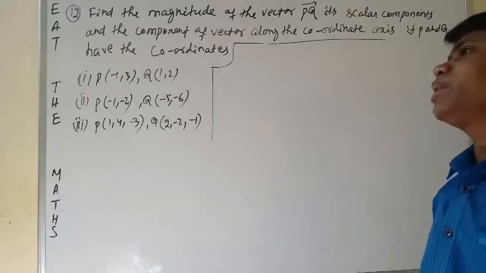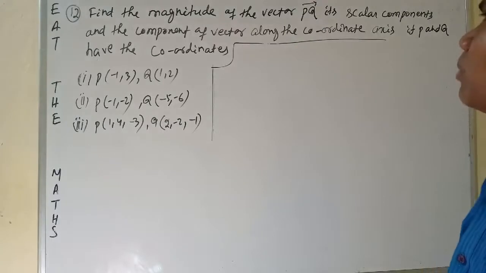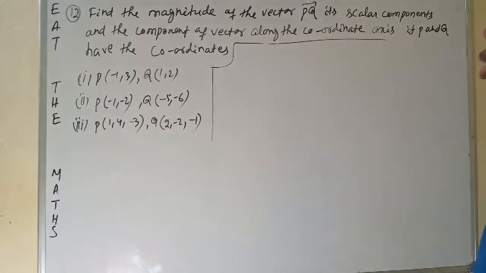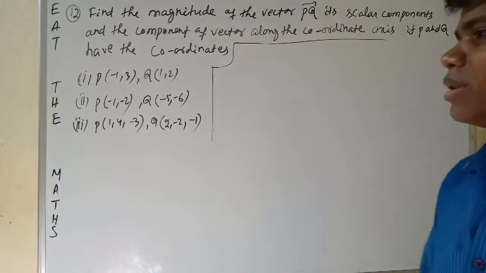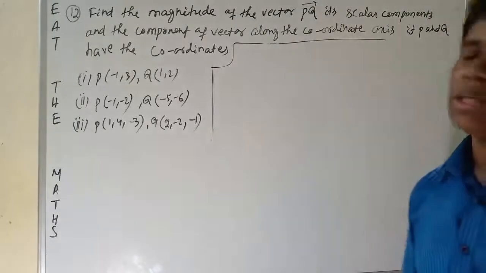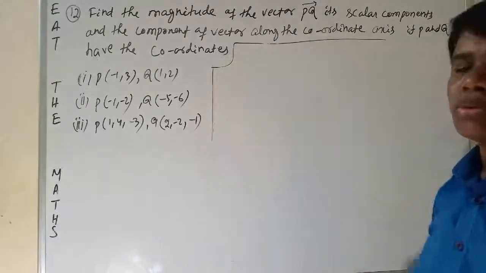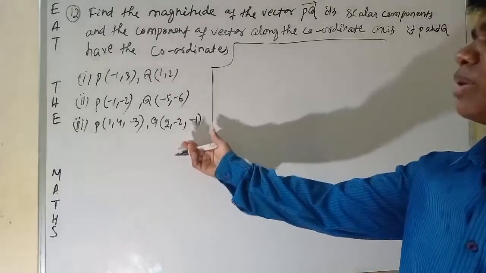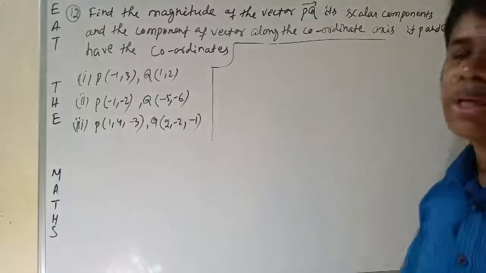The question is: find the magnitude of the vector PQ, its scalar component and the component of the vector along the coordinate axis, if P and Q have the given coordinates. So 3 questions are given. First and second you have to do, and I can discuss the third one. From this you can understand and do 1 and 2.